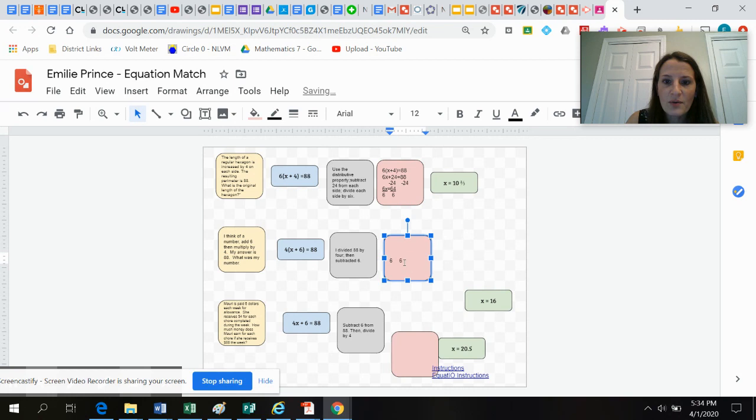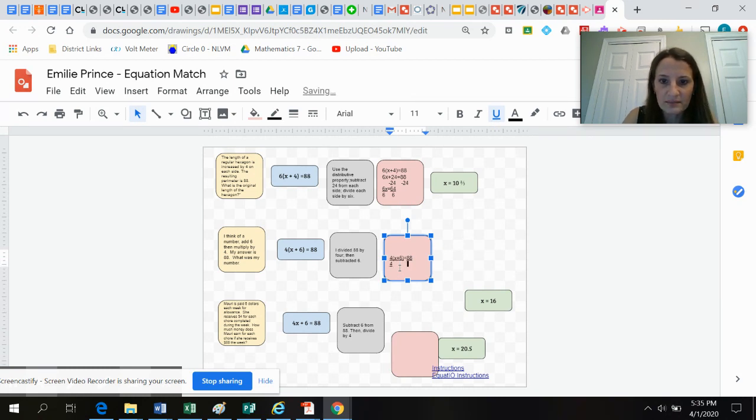All right, so let's divide both sides by 4. My original equation is 4 groups of x plus 6 equals 88. If I divide 4 groups of x plus 6 by 4, I'm only left with 1 group of x plus 6. It tells us the steps, and that's what's great about this problem.